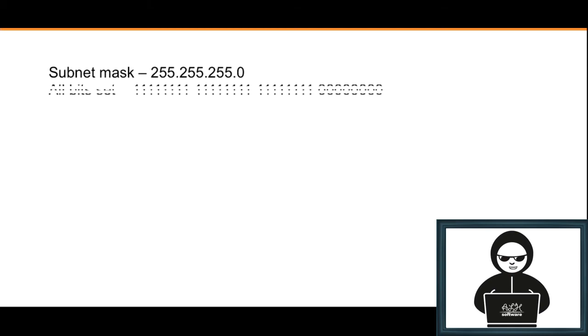Now, another important component that goes along with the IP address is the subnet mask. A pretty common subnet mask that you'll see is the one represented here, 255.255.255.0. Now, why do we need a subnet mask? Well, the subnet mask tells us which portion of the IP address is the network portion and which part is the host portion.